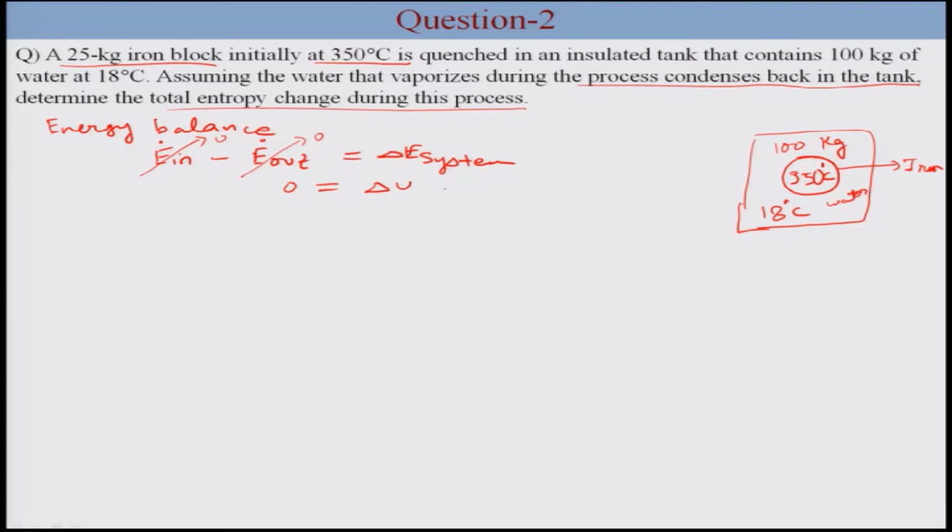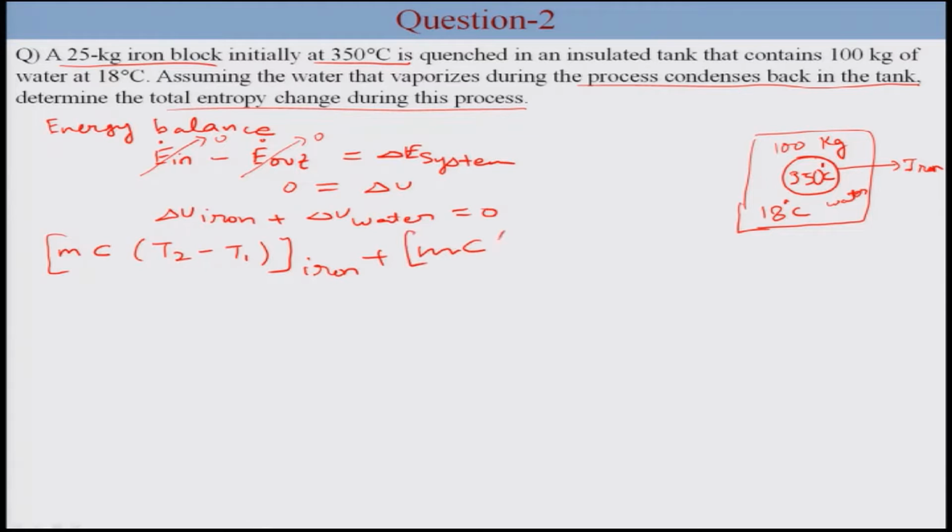So, that is delta U. This can be written as delta U is change in internal energy of the iron plus change in internal energy of the water, and this is equal to 0. So, the internal energy change for iron will be its mass multiplied by the specific heat and the change in temperature, T2 minus T1. This is for iron, and a similar expression will be there for water, mass multiplied by specific heat multiplied by T2 minus T1 for water.